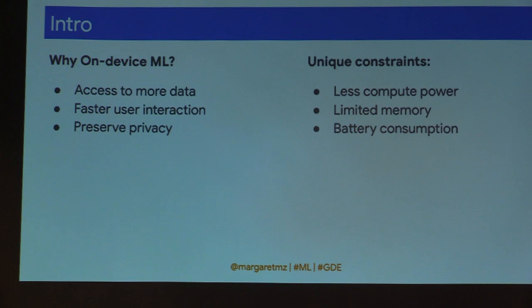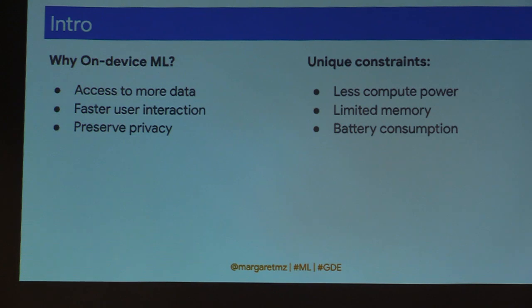That was back in 2016. But these days you can just run your model directly on device, much faster. Another reason for running machine learning models on device is for preserving privacy. You're not sending the data to the cloud; it stays directly on your device.